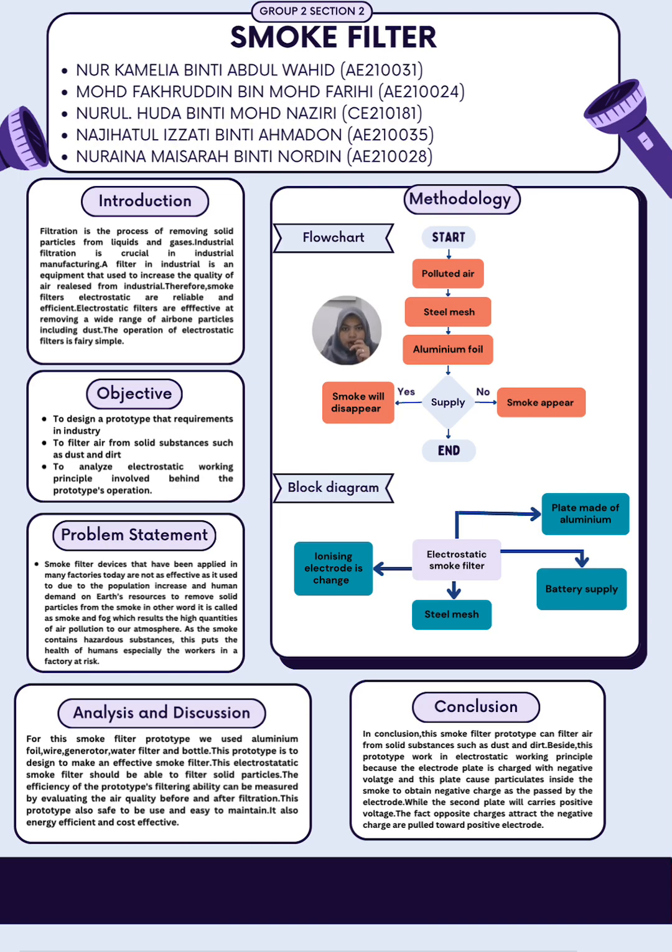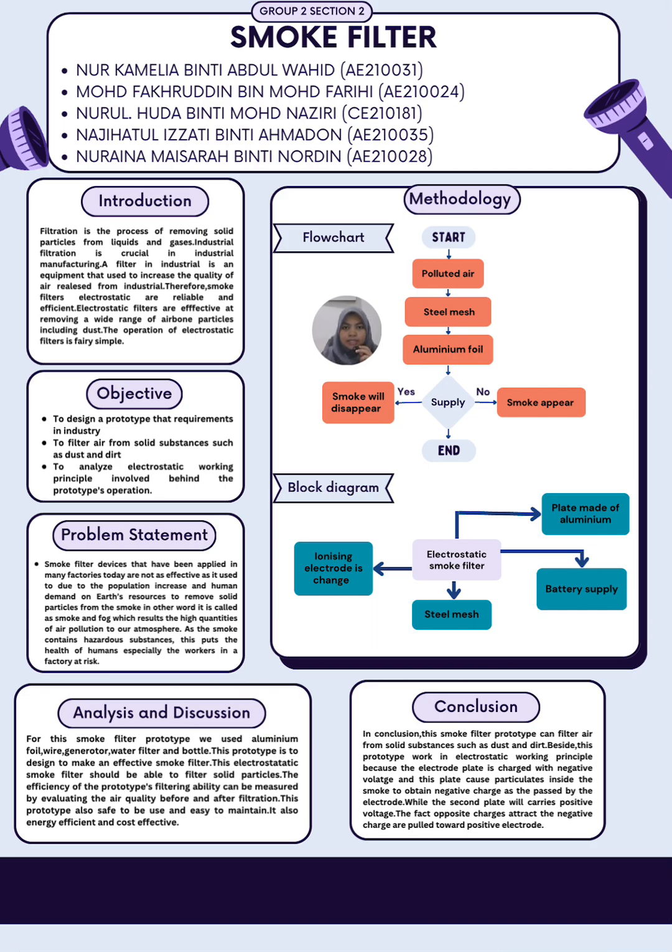So I'm going to explain the methodology part, which consists of a flowchart diagram and a block diagram. Based on the flowchart diagram, we start with the start button, which is when we burn something like paper, it will produce smoke.